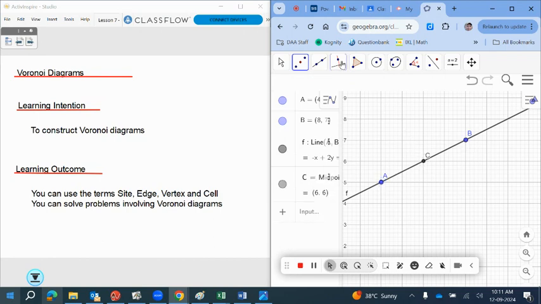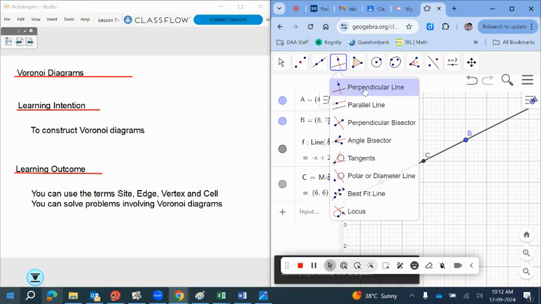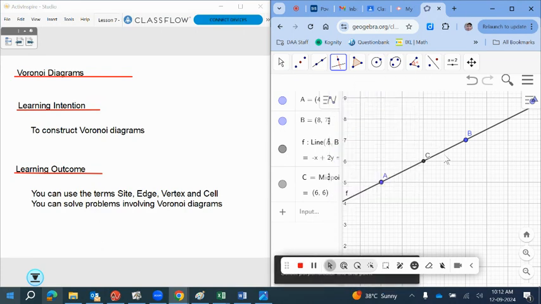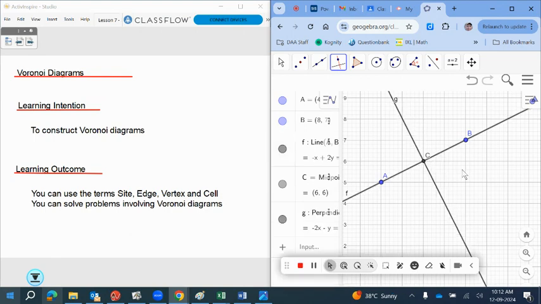So the perpendicular bisector has the negative reciprocal gradient of the line AB, and it passes through point C. So we can make that line like this.